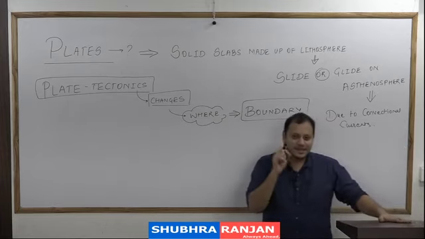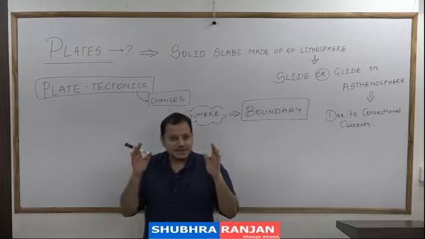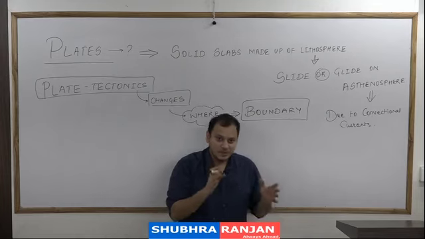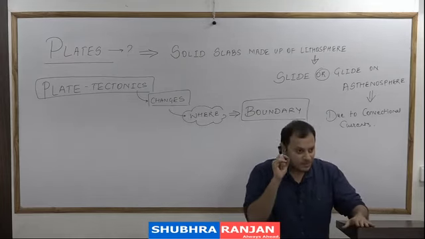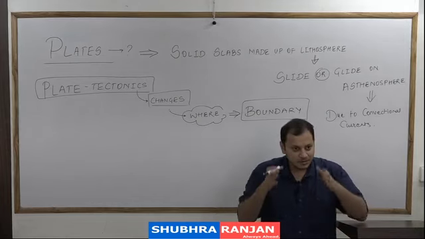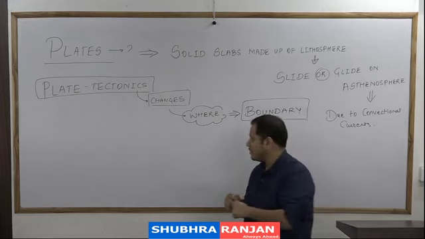So the earth is like this. That is, the crust of the earth is broken into cracks, and these cracks are known as plates. Why are they broken into cracks? Because the oceanic crust is broken. Why is it broken? Yesterday's sea floor spreading. So where the oceanic crust is broken, it has resulted in the formation of cracks.